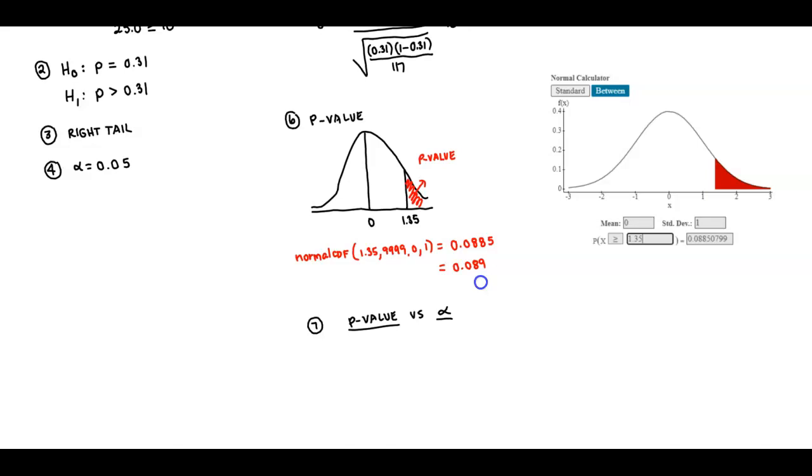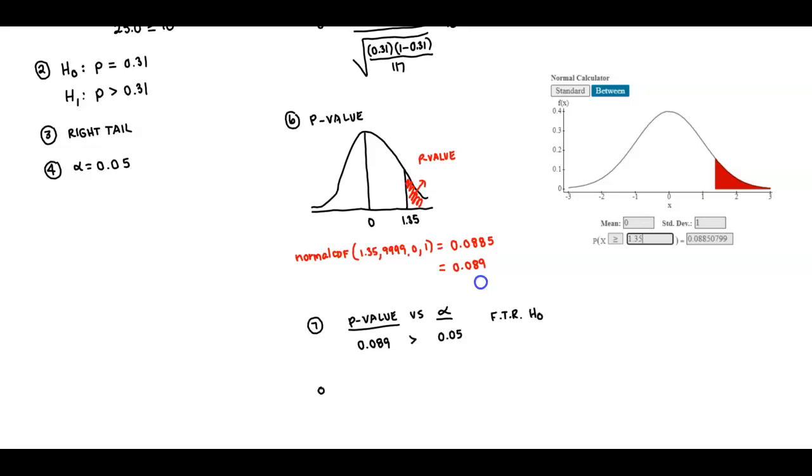If it is less than, then we reject the null hypothesis. So we know that the p-value is 0.089, and we know that our significance level is 0.05 from step number 4, and we can see that this value is greater than. So that means that we fail to reject the null hypothesis.